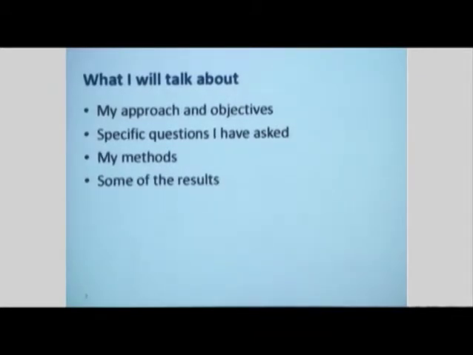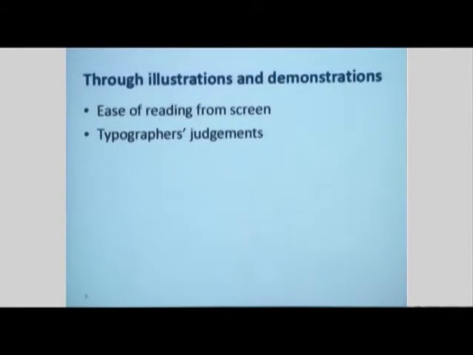I'll talk about my objectives, the specific things that I'm aiming to find out with this research, and I'll illustrate this with some results. So there'll be examples of the work that I've done, and I'll give examples from two areas of research. One of them I'm calling ease of reading from screen.